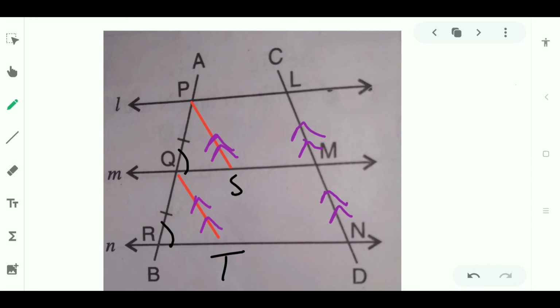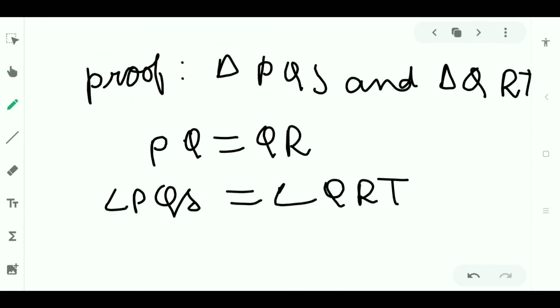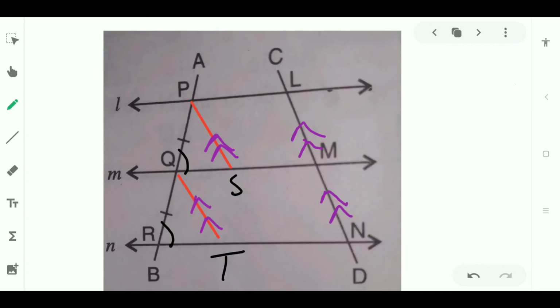Now let us see what else we have. As L, M and N are parallel to each other, angle QPS will also be equal to angle RQT. These are also corresponding angles.